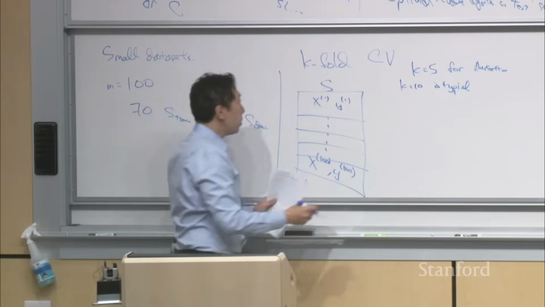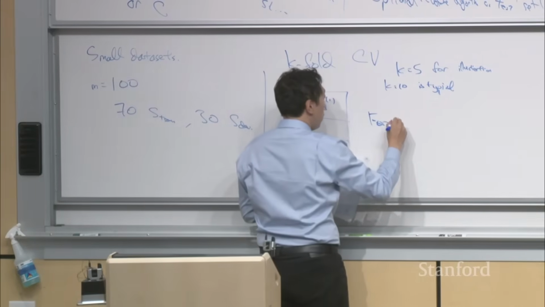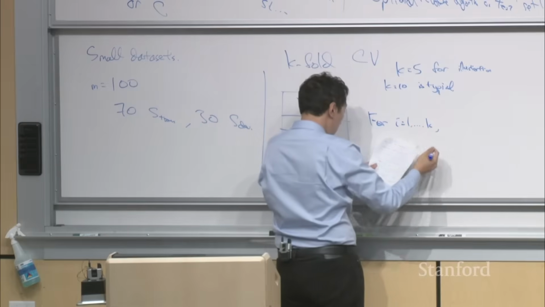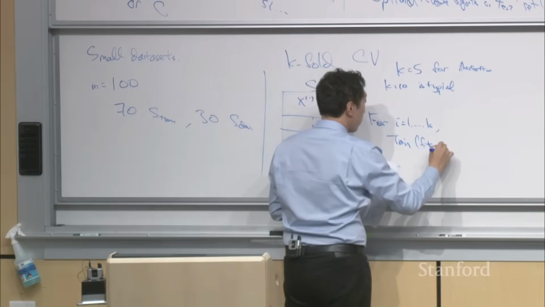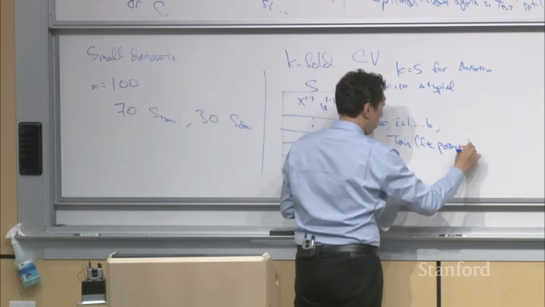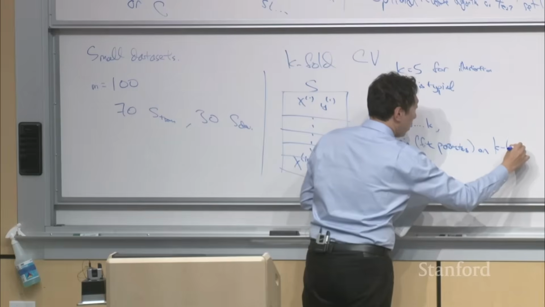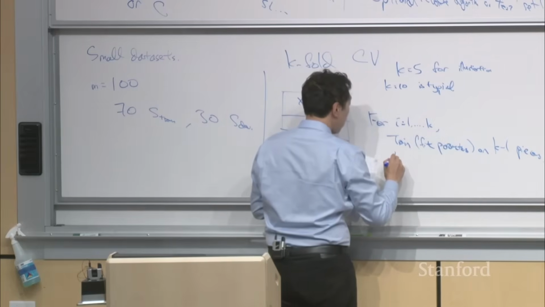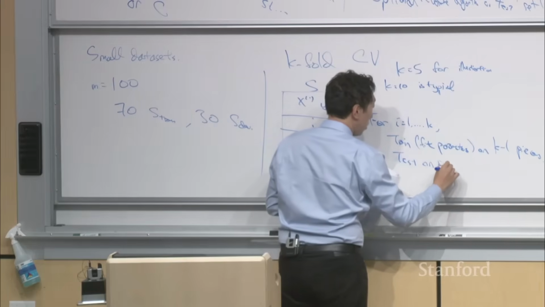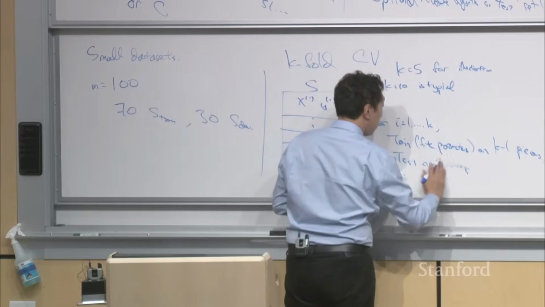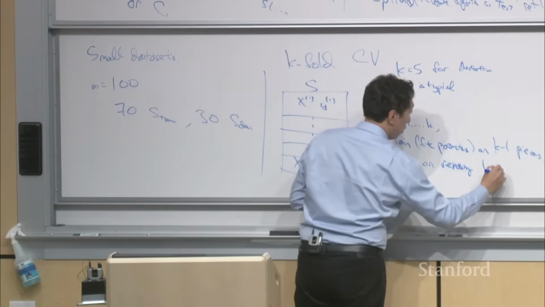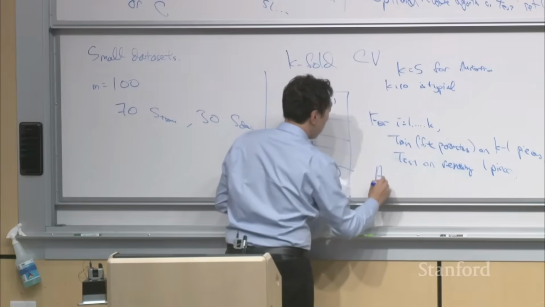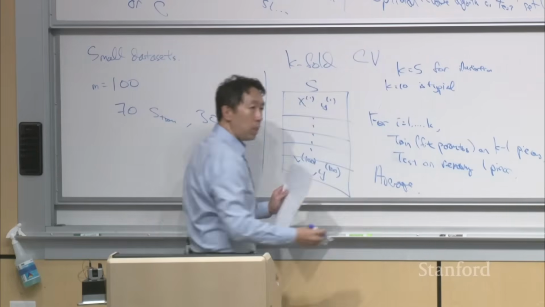And what you do is, for i equals 1 to k, train, i.e. fit parameters, on k minus 1 pieces, and then test on the remaining one piece, and then you average.